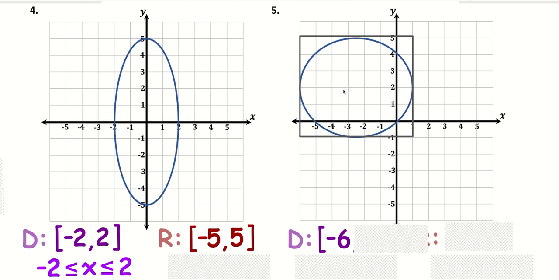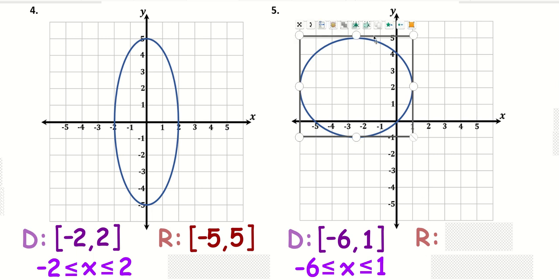And then how far right does the graph go? Does it go to the right forever? It doesn't go to the right forever. It only goes as far right as right here. And what's that largest x coordinate there? 1. So that's interval notation. That's set notation.